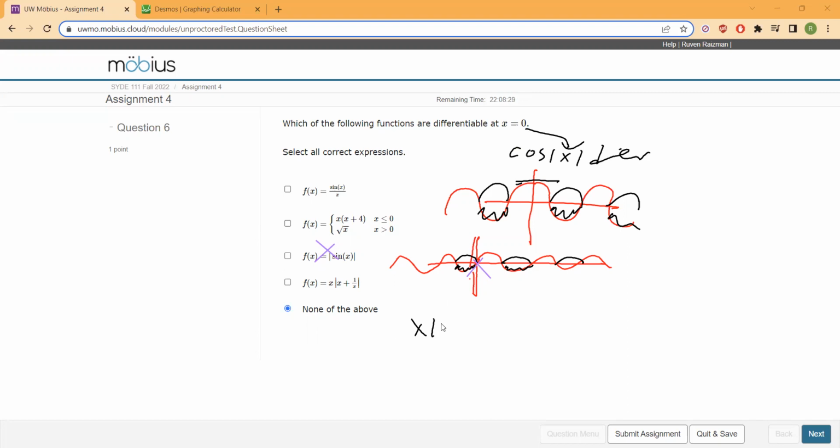If we define that, it's going to be x times x plus 1 over x for x plus 1 over x being greater than or equal to 0, and x times negative x plus 1 over x for x plus 1 over x smaller than 0.